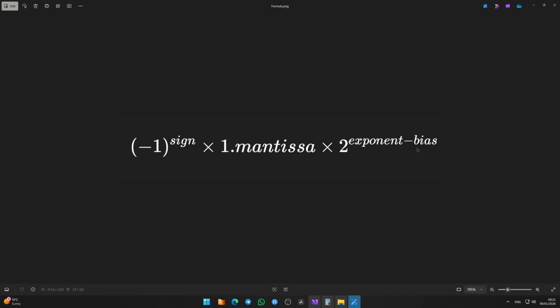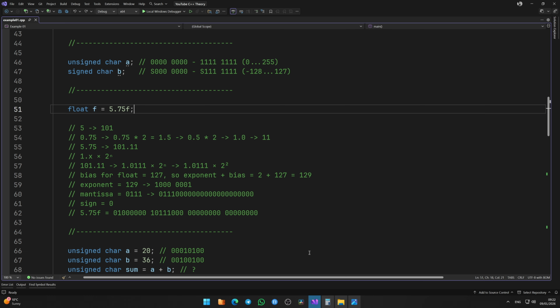The idea is simple. When storing the number, we add the bias. When reading it, we subtract it. The bias value is 127 for float and 1023 for double and long double. So here's how it all fits together. Float, 4 bytes, or 32 bits.